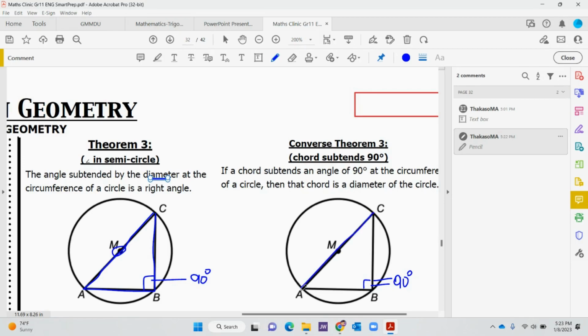So that makes AC a diameter. So look out for that one. Either you are given an angle suspended by a diameter, then you know that angle is 90 degrees, or you will be given an angle that is equal to 90 degrees, then you look for a chord that's suspending it, and the conclusion is that that chord is a diameter.